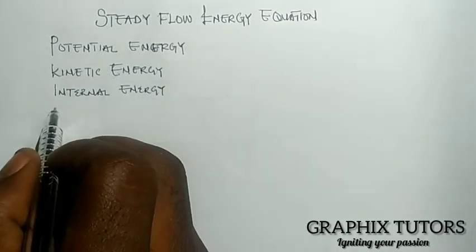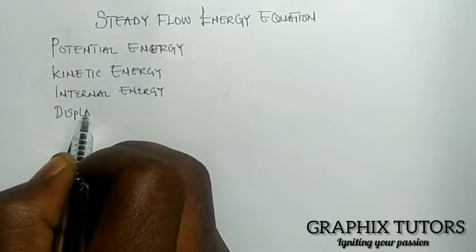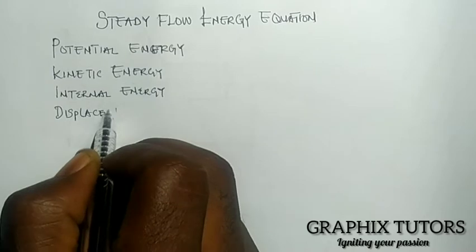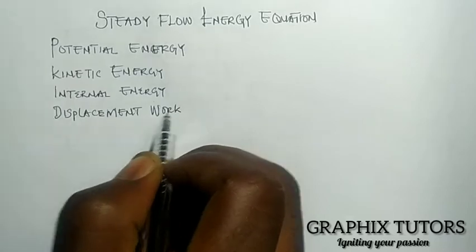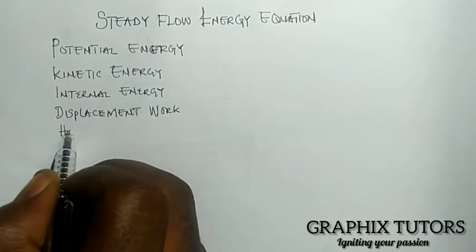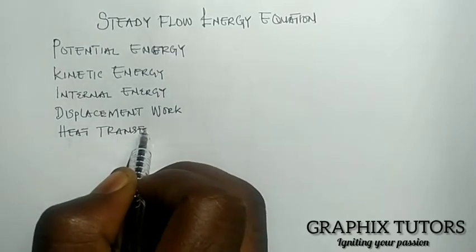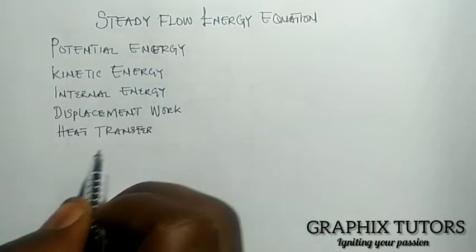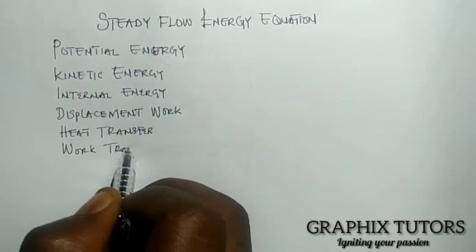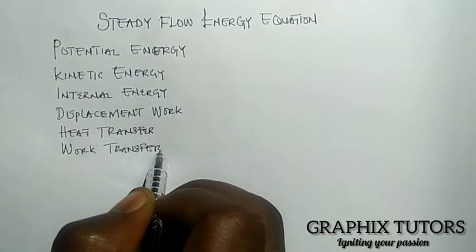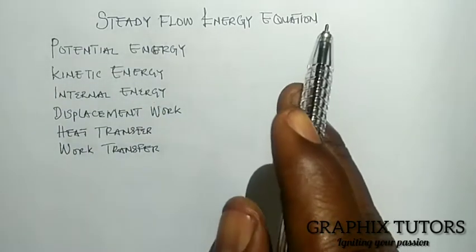We have what is called the displacement work, because the fluid is flowing. We have what is called the heat transfer, and what is called the work transfer. Right? So these are the forms of energy that flow in a system.